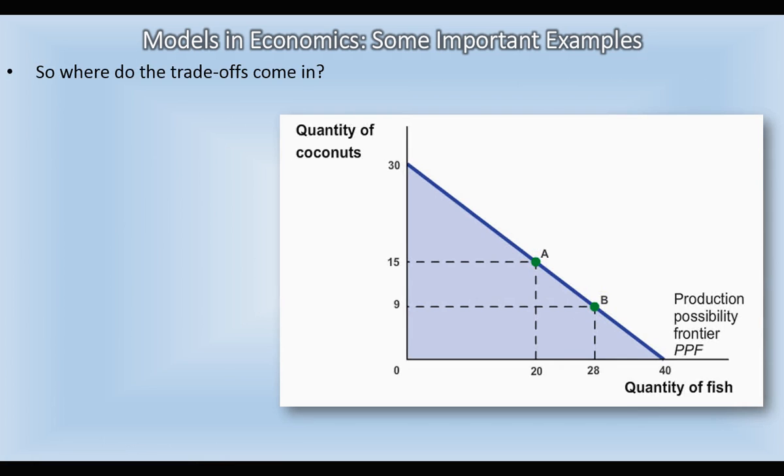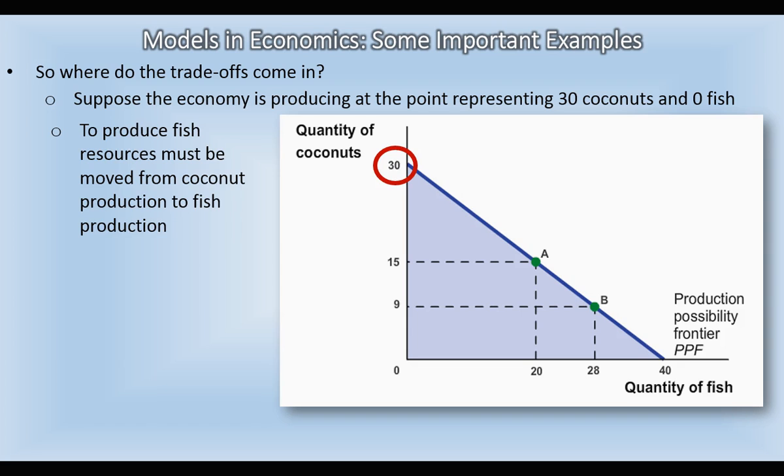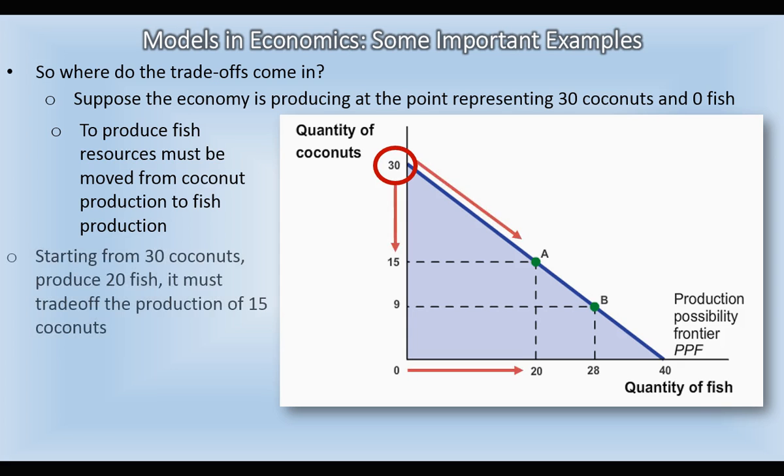So then the question is, where do the trade-offs come in? Suppose the economy is producing at the point where you're only producing coconuts, and everybody's like, we're tired of coconuts, we want fish. To produce fish, resources must be moved from coconut production to fish production. So starting from 30 coconuts, if you wanted to produce 20 fish, you must trade off the production of 15 coconuts.